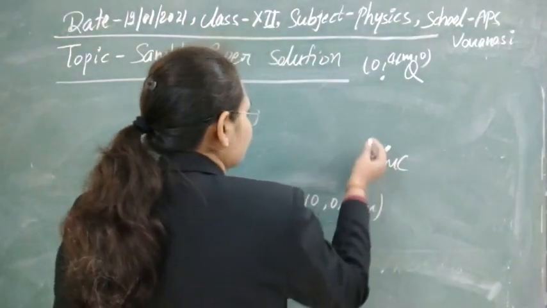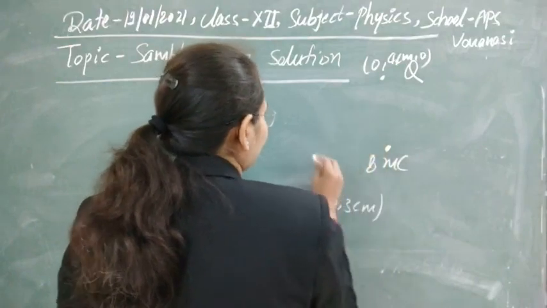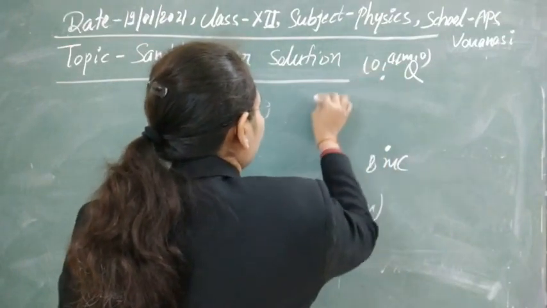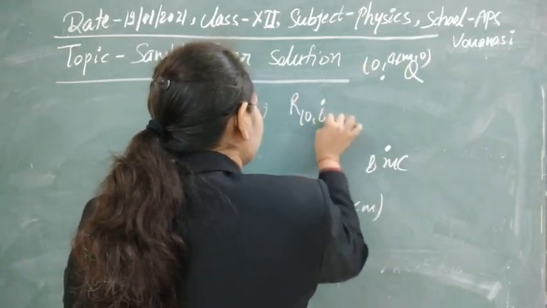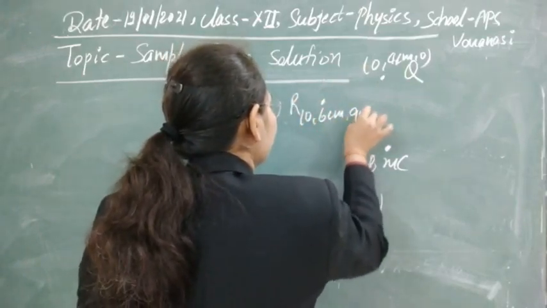So we have some points. Suppose here is the point R that is 6 centimeter and 9 centimeter.